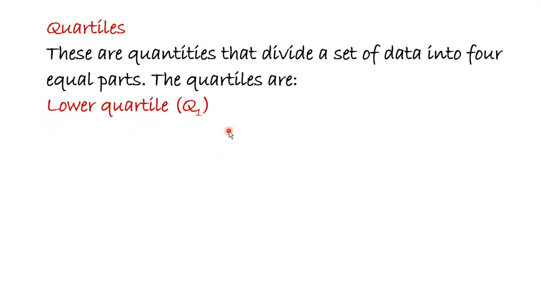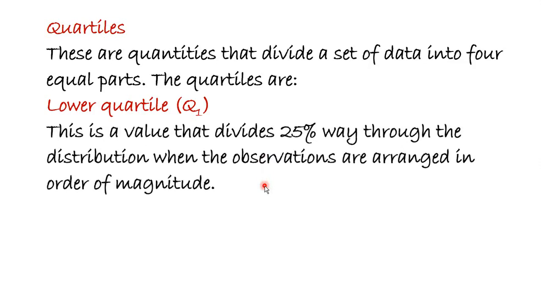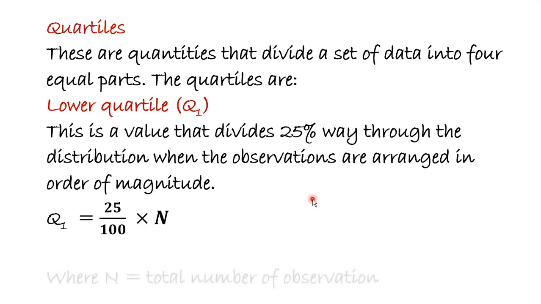This is a value that divides 25% way through the distribution when the observations are arranged in order of magnitude. So Q1 is going to be 25 over 100 times n, where n is the number of observations.